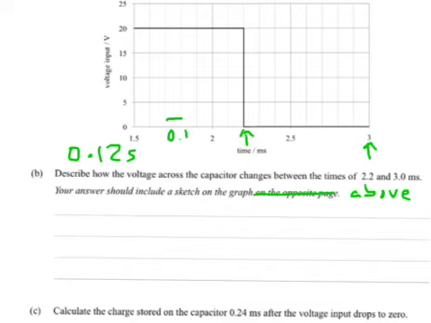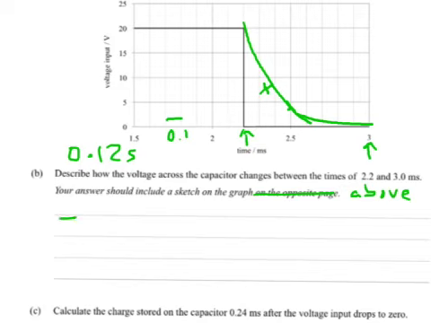So instead of it dropping straight down as the graph appears to show, it's going to drop about 63%, which will be just over 12 or 13 volts, down to about 7 after about, so it's going to be around about here. Then it's going to drop about the same proportion, 63%, after another time constant, so around about here. So that's going to kind of come down like this. Whoops, I've drawn that poorly, and then it's going to keep going, not quite touching there. So that's the visual of what's going on.